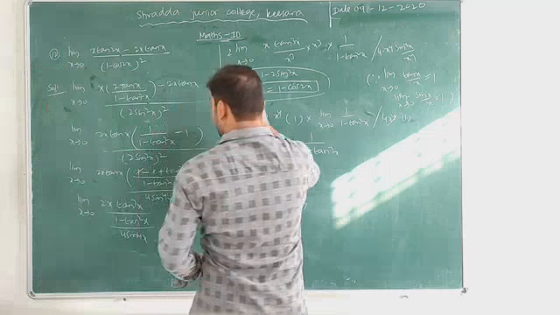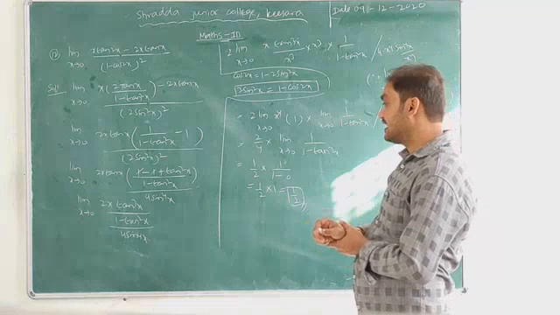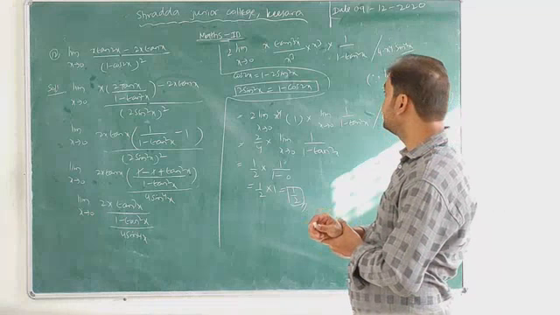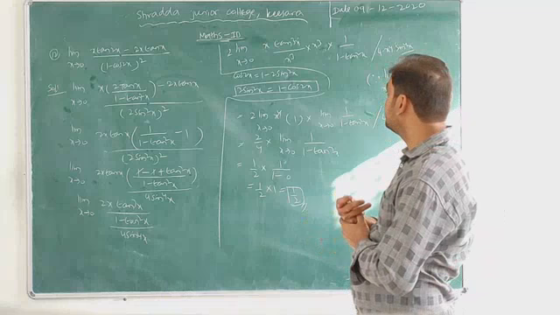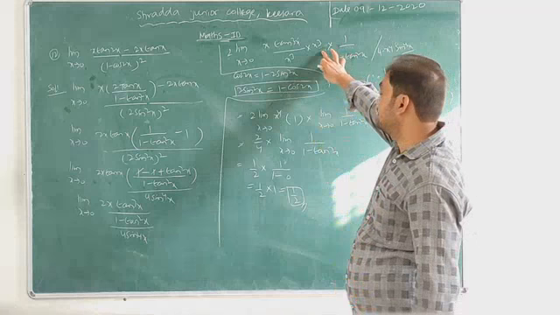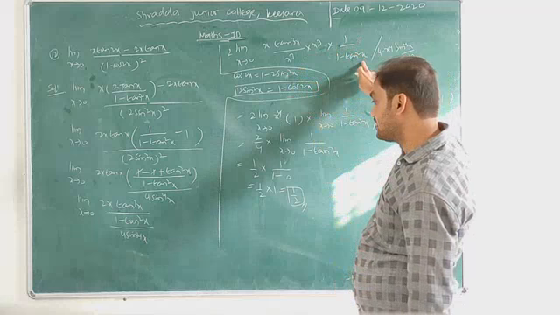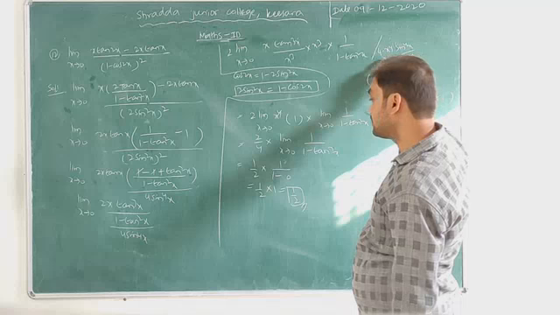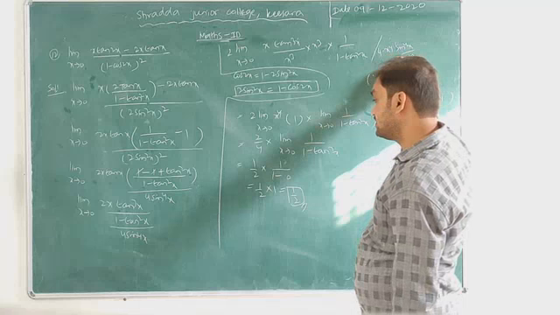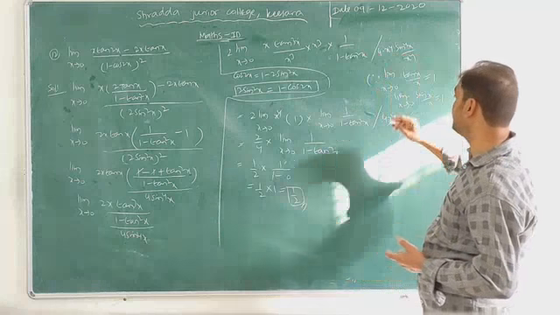So see here, 2 into limit x tends to 0, x into tan cube x by x cube, multiplying and dividing with x cube, into 1 by 1 minus tan square x by 4 into, the denominator is multiplied and divided with x power 4.